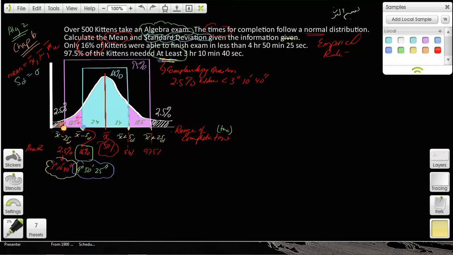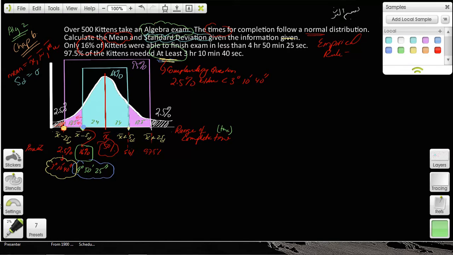Okay, now what? You have to appreciate something. You have to understand the values that were given were not random values.